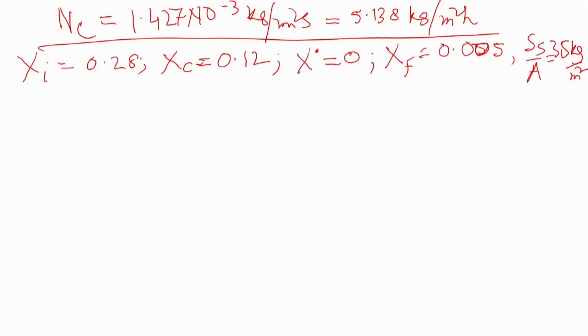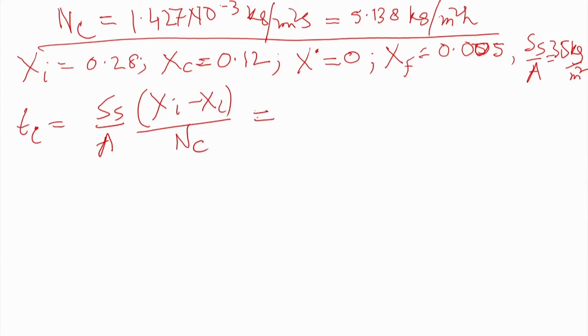During this constant drying period, Tc is Ss by A into Xi minus Xc divided by Nc.